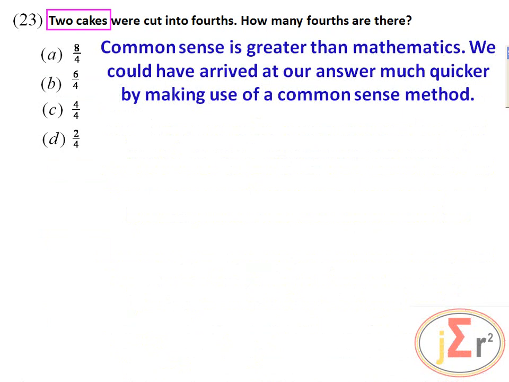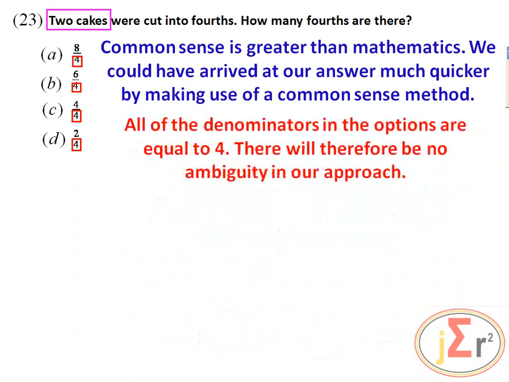We could have arrived at our answer much quicker by making use of a common sense method. All of the denominators in the options are equal to 4. There will therefore be no ambiguity in our approach.